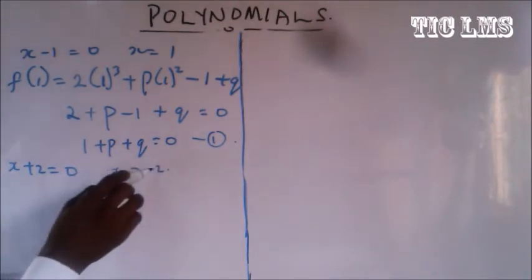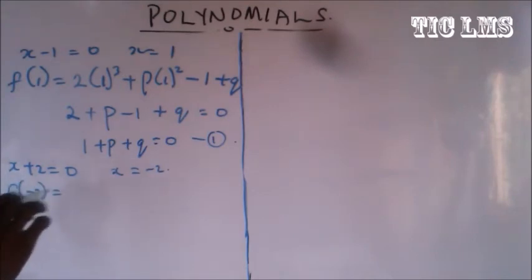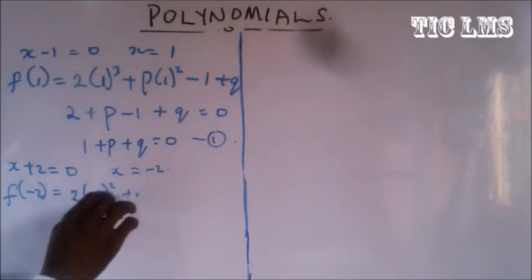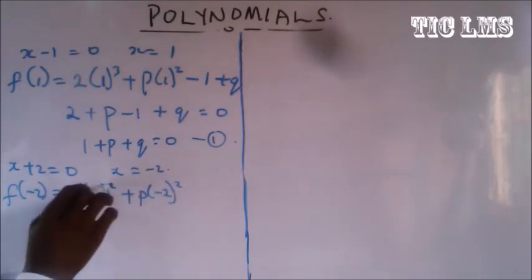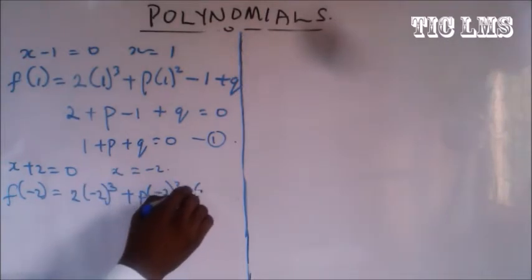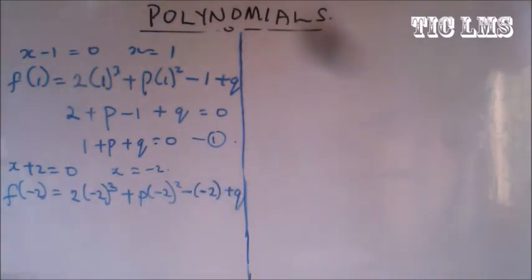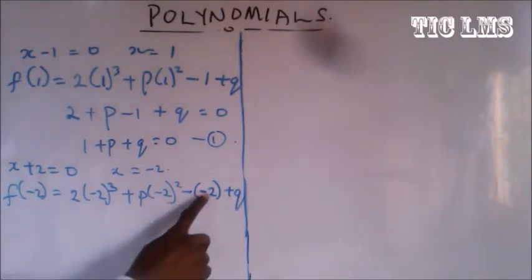And so we'll substitute this minus 2 into the equation. So then we have f of minus 2 equal to 2 into bracket minus 2 cubed plus p into bracket minus 2 squared minus minus 2 plus q. Now let's take note that this minus 2 was originally x, so we substituted it. This was x as well, and this was x.